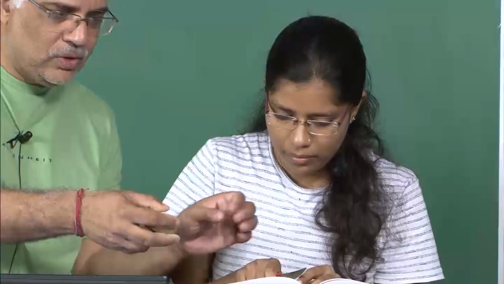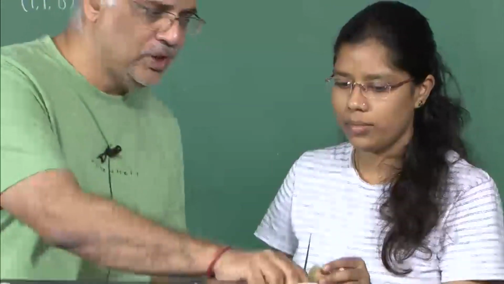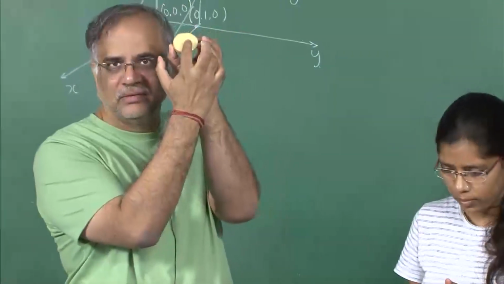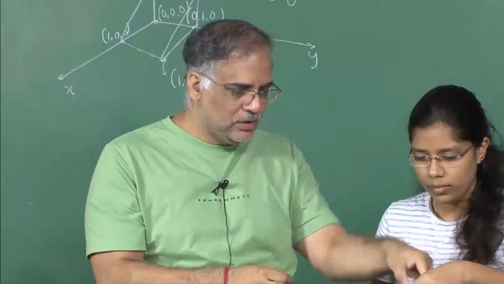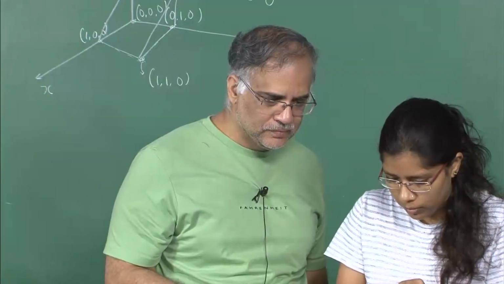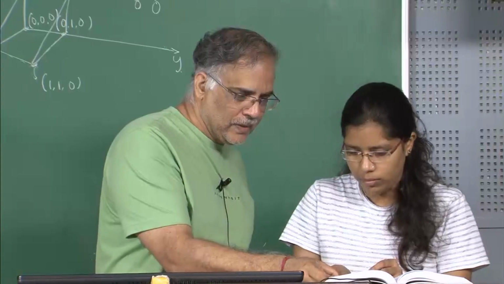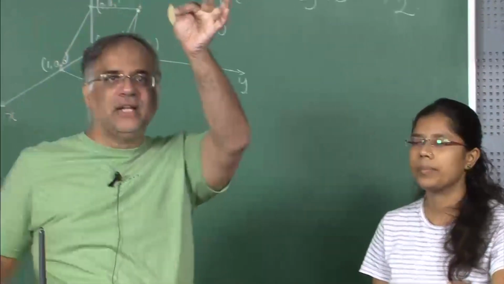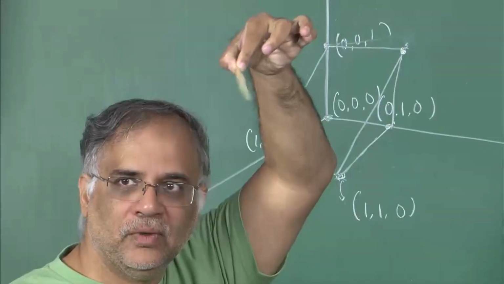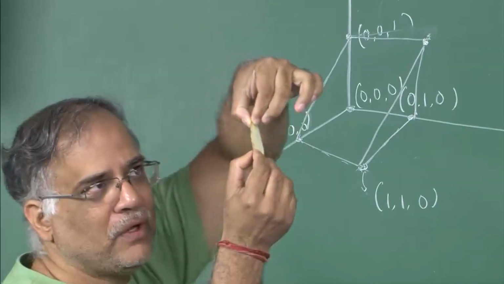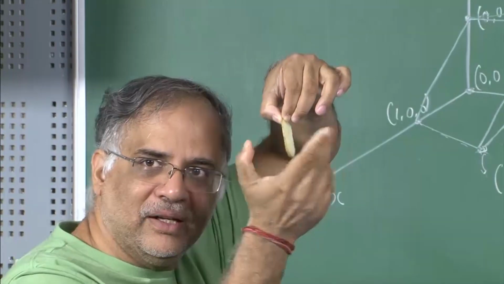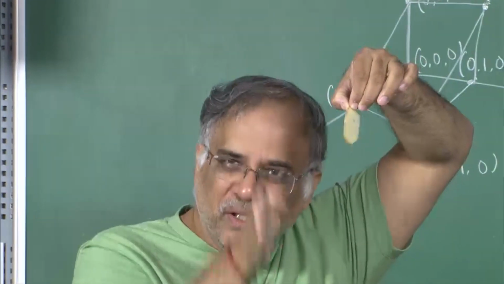So, here at x is one slice, A of x, and then I can cut a very small slice, and here is your elemental slice. Ax into dx is the volume. You observe how small it is. You can keep on making it thinner and thinner, so basically you will have very thin slices.